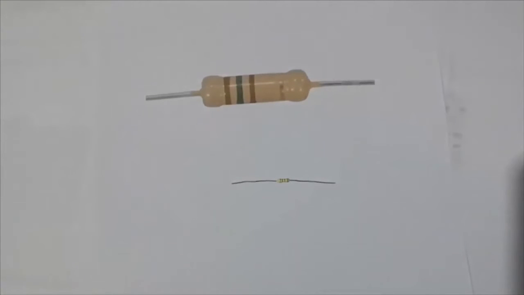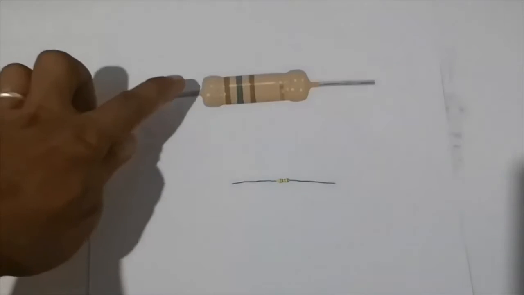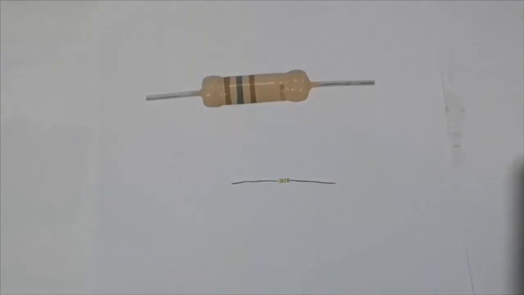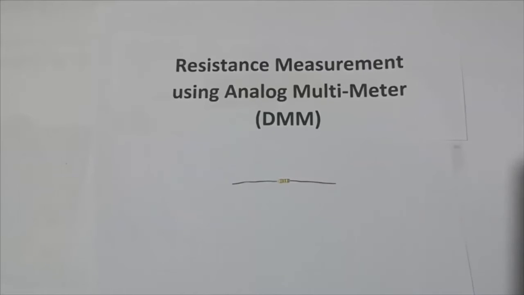This is the picture, and this is the actual resistor. Now I will use the analog multimeter or the VOM for the resistance measurement. But first, let us compute for the value of the color codes written in the body of a resistor.